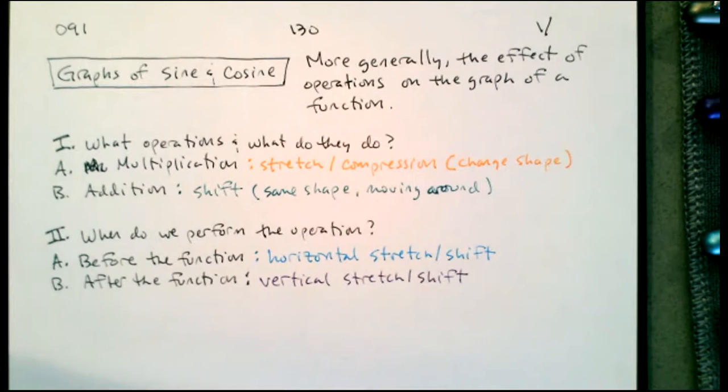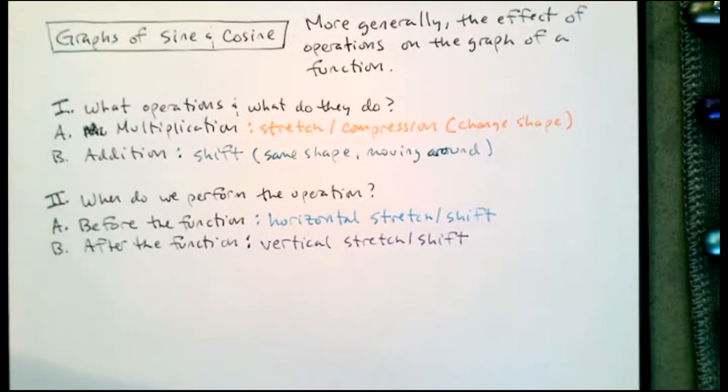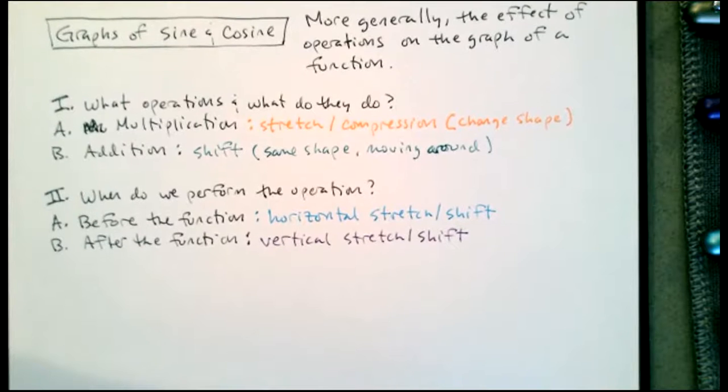This actually applies more generally, not just to multiplication and addition. If you see something happening before the sine or the cosine, you should expect some horizontal effect. If you do something after the sine or the cosine, you should expect some vertical effect. So let's sum these up with graphs of sine and cosine.